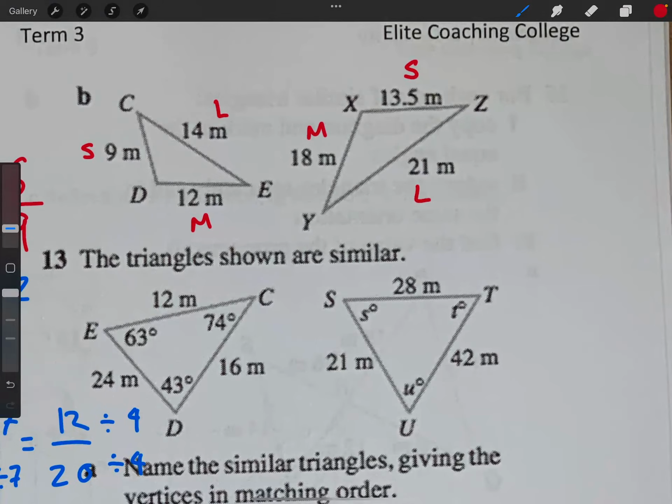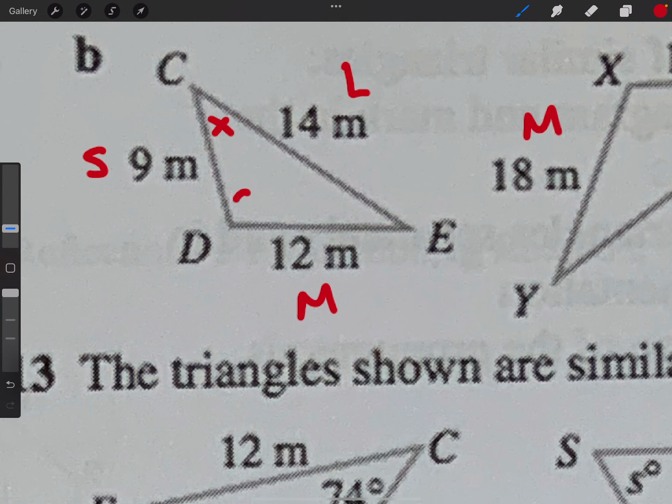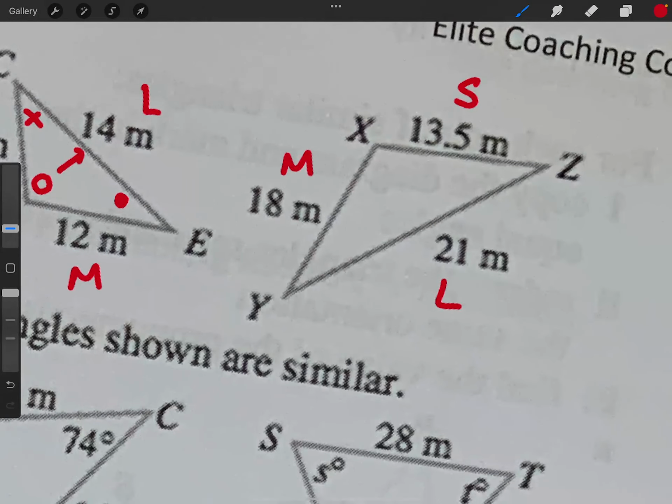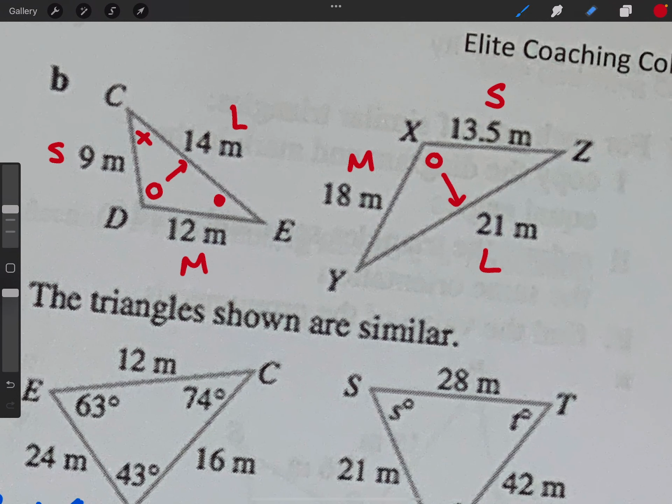Alright, so let's label this triangle here. I'm going to put a cross, an open circle and a closed circle. Now, the open circle is opposite the longest side, so the open circle should be here. The shortest side is opposite the angle that has a dot, so it should be this one here. And obviously the last one is going to be the X there.